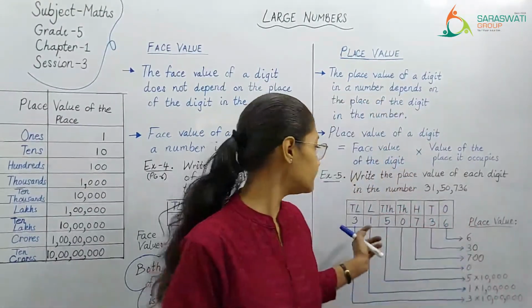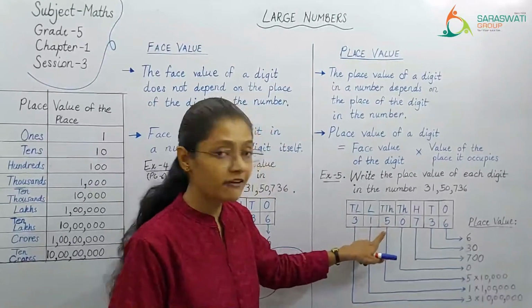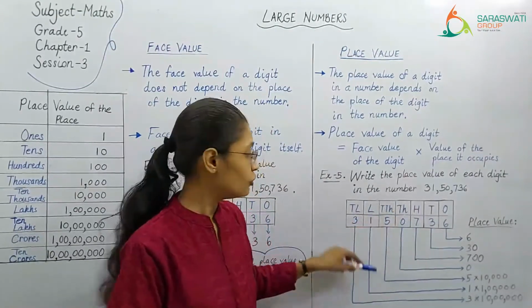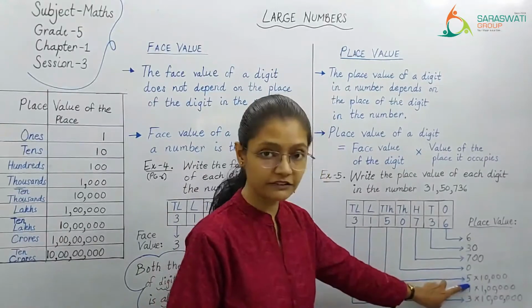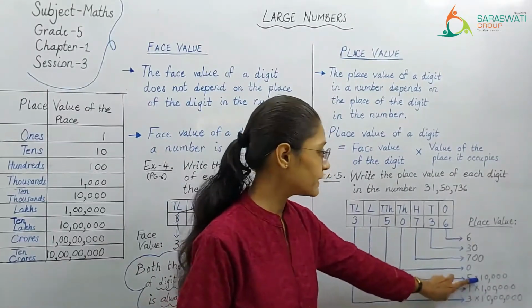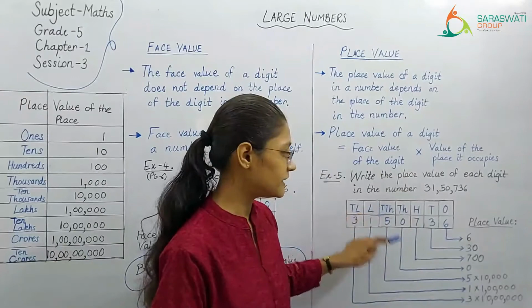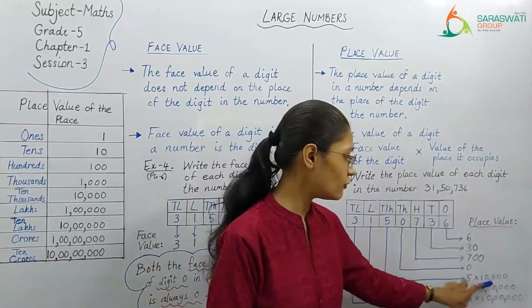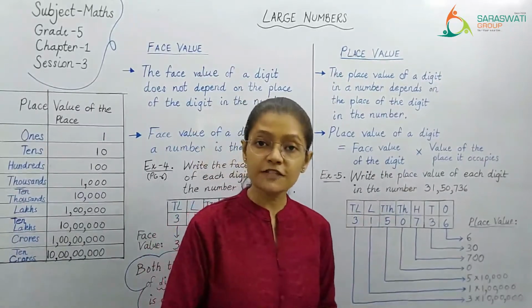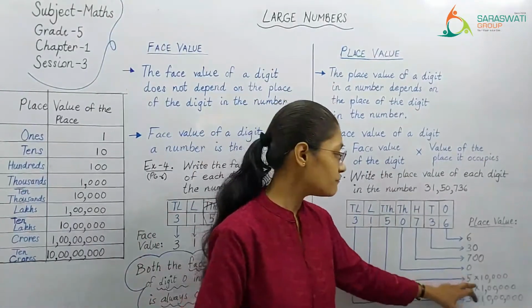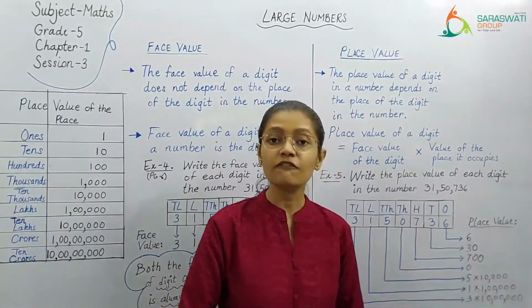So now back to this example. Over here digit 5 is at 10,000's place. So its place value is equal to the face value of digit 5, that is 5 itself, multiplied by the value of 10,000's place, that is 10,000, 1 followed by 4 zeros. So 5 multiplied by 10,000 is equal to 50,000.